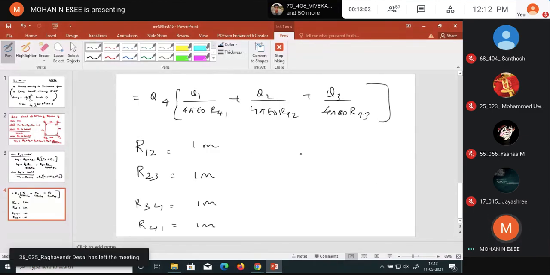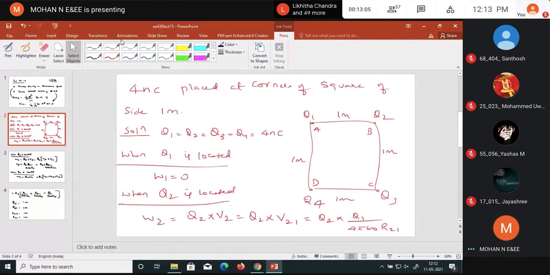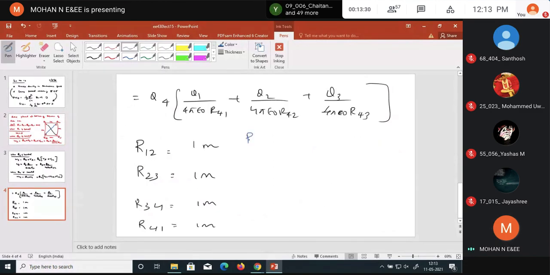But the distance between 2 and 4, and between 1 and 3, is different because they are the diagonals of the square.